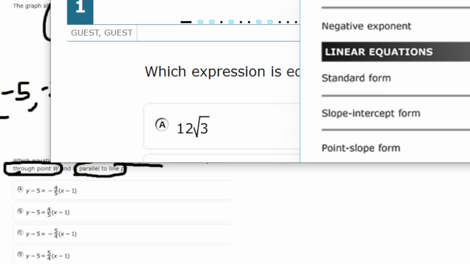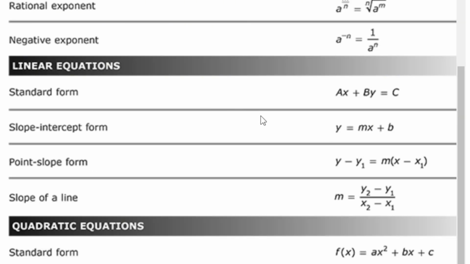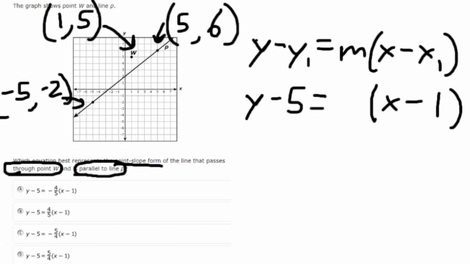To do so, we have to look at our formula again. The one thing that's going to give me m is the slope of a line. That's all we're missing. We're just missing the slope of this line. We have to make it parallel to this P line. We simply have to substitute the values in our formula. I'm going to write the full formula.